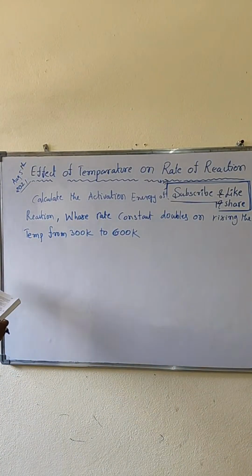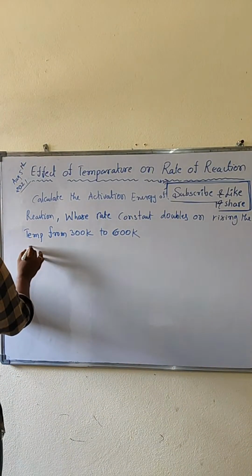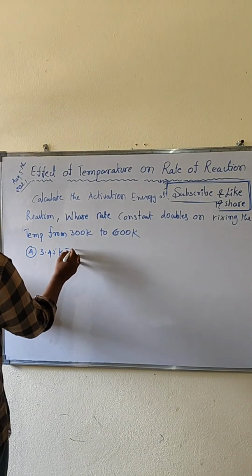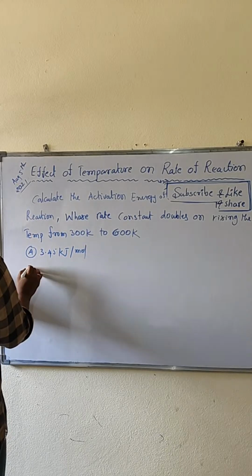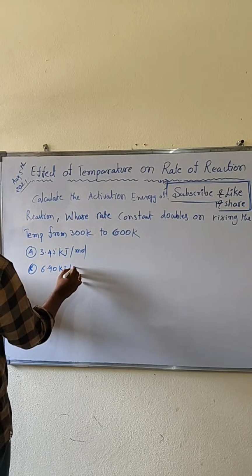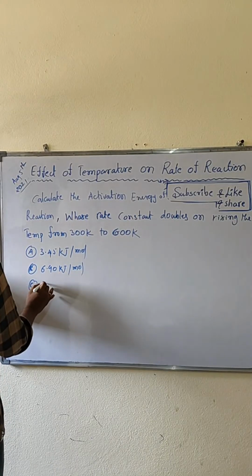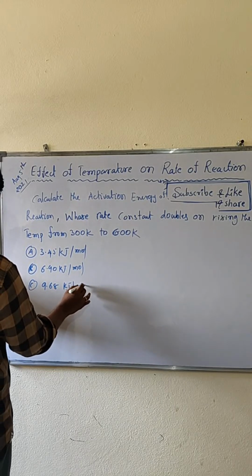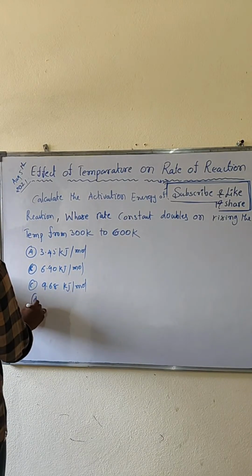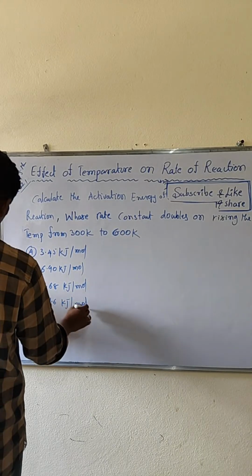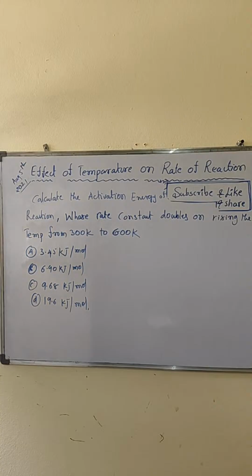Options are mentioned, my dear students. Option A is 3.45 kilojoules per mole, option B is 6.90 kilojoules per mole, option C is 9.68 kilojoules per mole, and option D is 19.6 kilojoules per mole. So this is the question.